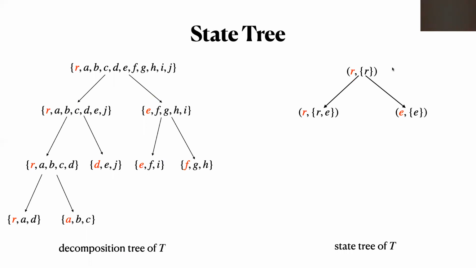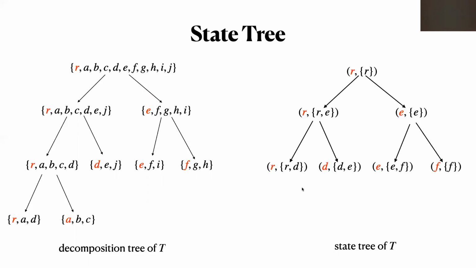Then we break it into two, and if you remember, we break this subtree at vertex E. So we create a new portal, and this subtree inherits the portal R and also the new portal E. And the new portal E is the root of this subtree. And we continue this process to get a tree of the same depth as the decomposition tree. And this is what we call a state tree of T.